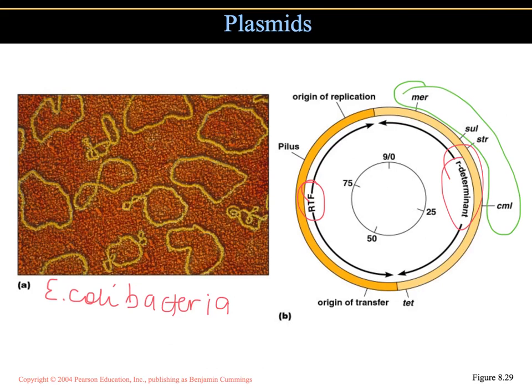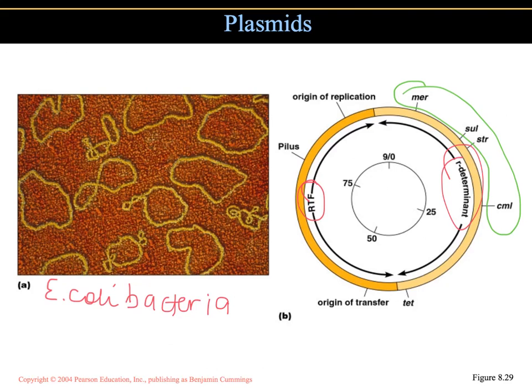Of course, R factors present a lot of problems when it comes to medical issues, because it's hard to treat these infectious diseases with antibiotics, because the bacteria are resistant to so many drugs. And there's the accumulation of the resistance genes.